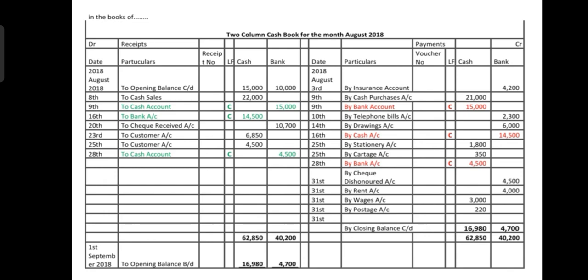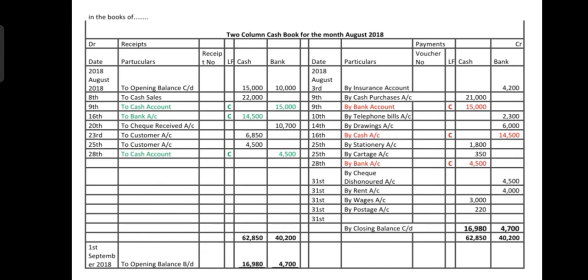So at the time of passing a contra entry, that is whenever a deposit has been made from the cash box to the bank, and whenever cash has been withdrawn from the bank for office purpose, there you need to record the contra entry.